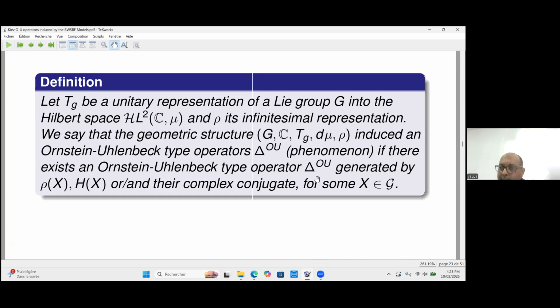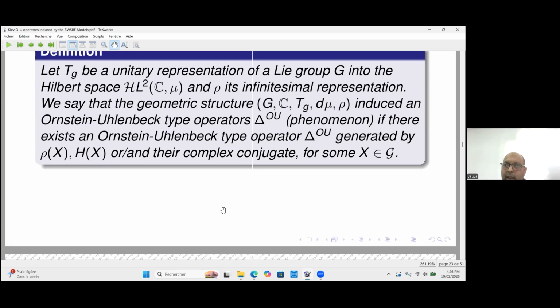Furthermore, if delta, the second order differential operator, has an expansion with respect to rho_x and h_x, which is just the first term in the derivation, and or their complex conjugates.